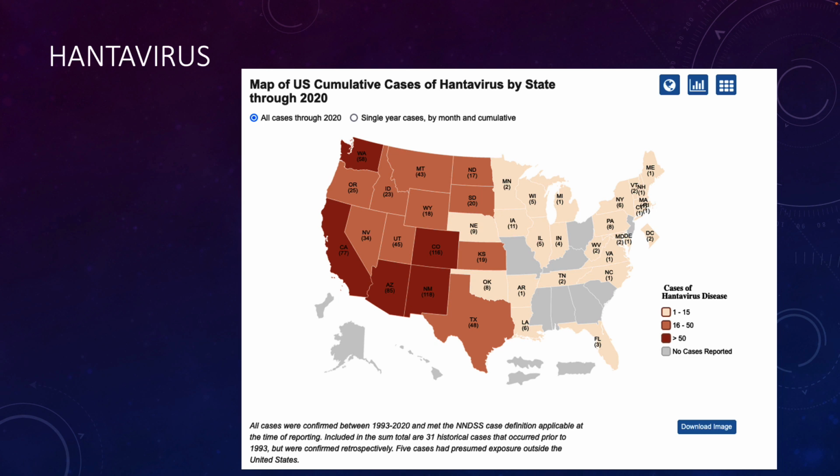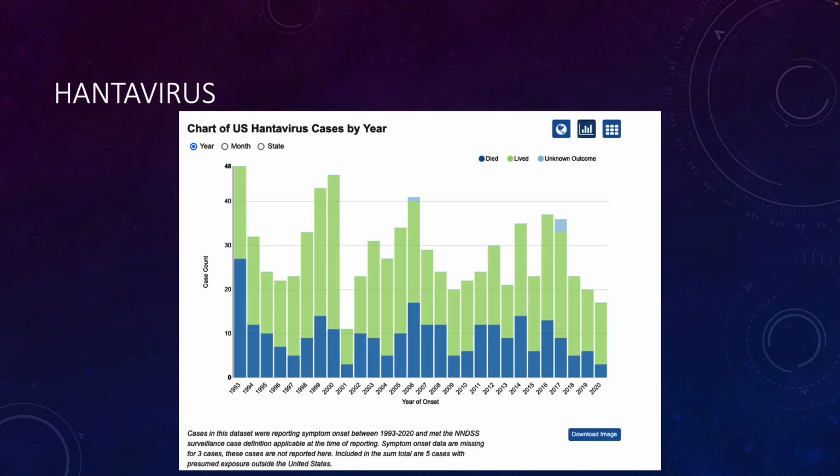If they're named after a place or something like that, it may be changed to eliminate some of those negative connotations. But you see, we do have hantavirus in the US. And every year there are cases of hantavirus. And there's a decent mortality rate, anywhere from like 25 to 50% of patients who get it may die.